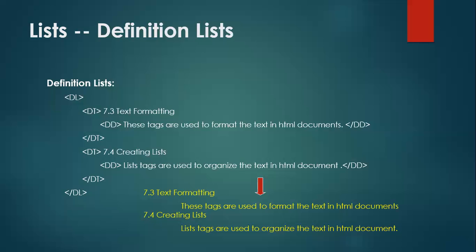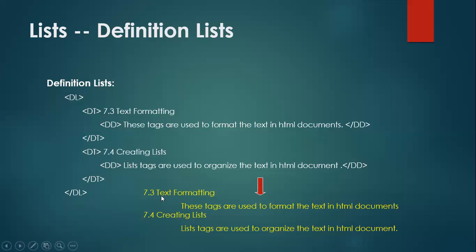After that, all the rest of the data terms and their definitions we give in the data definition list. When the definition list, all data terms and their definitions, are completed, we will close this data definition list, our description list.